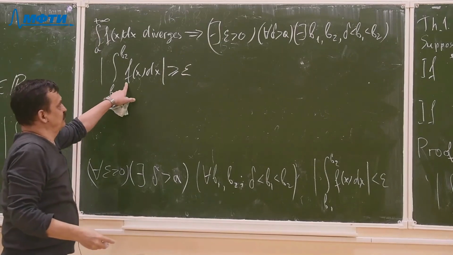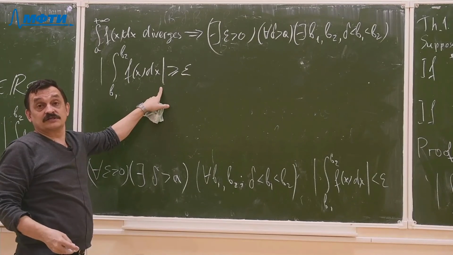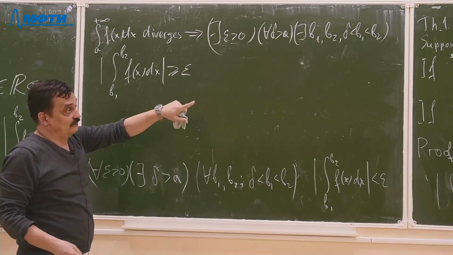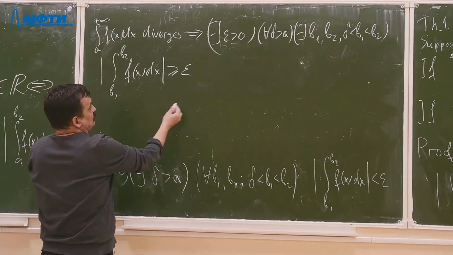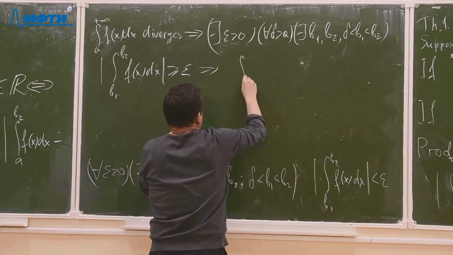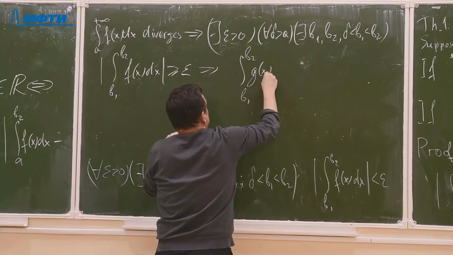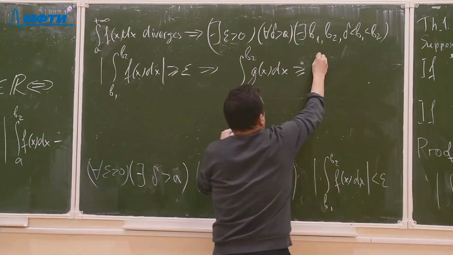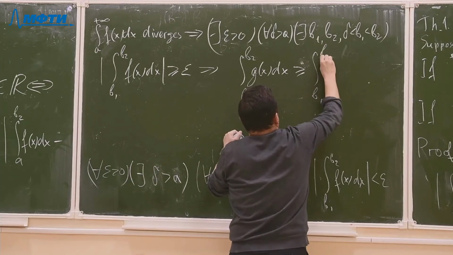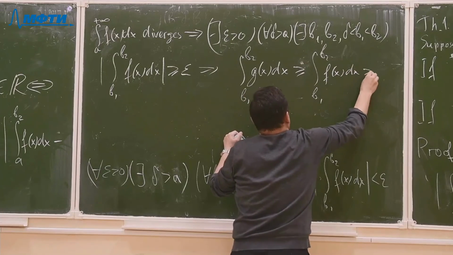Look, f is non-negative, so we don't need to use the modulus here. And from our condition, it follows that the integral from b1 to b2 of g of x dx is greater or equal than the integral from b1 to b2 of f of x dx, and that is non-negative.